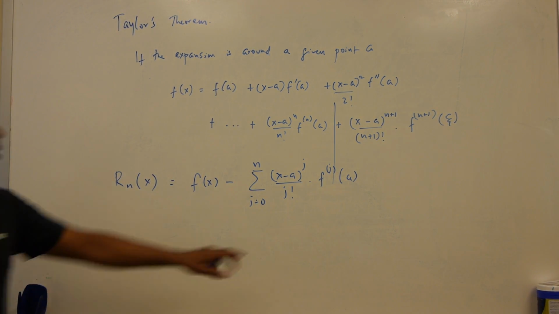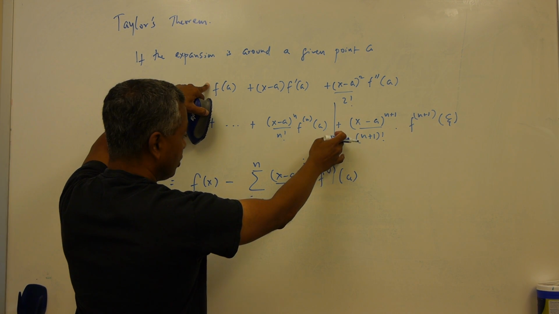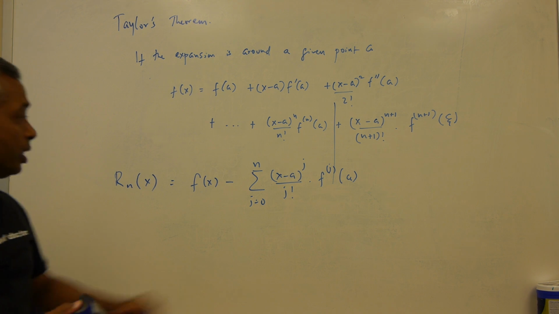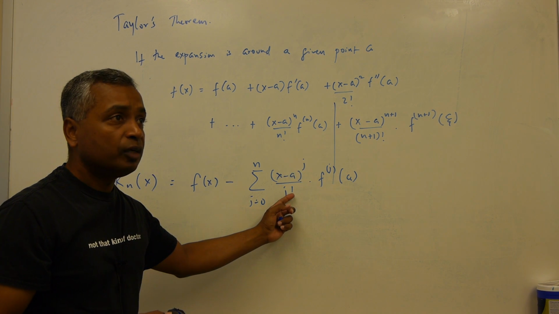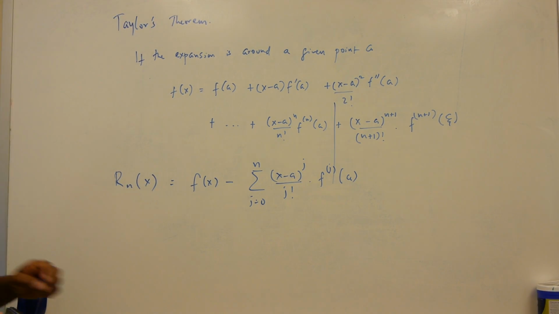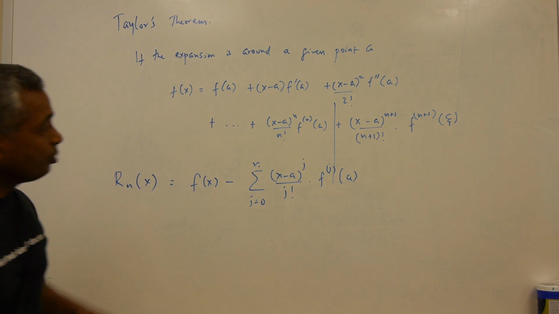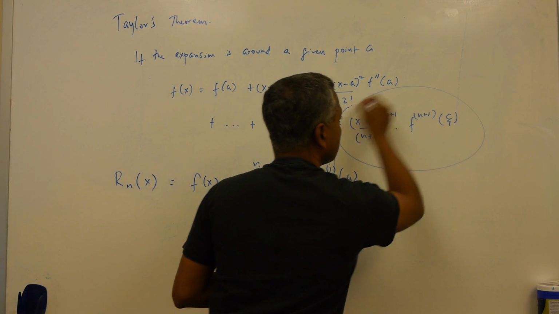Remember, this summation is the finite approximation that I've talked about here. So this is the finite approximation, this is the real function. So what should remain is just this term.